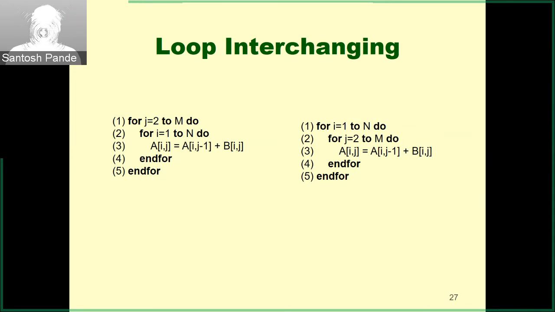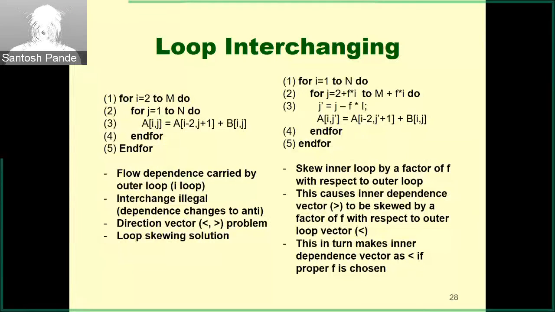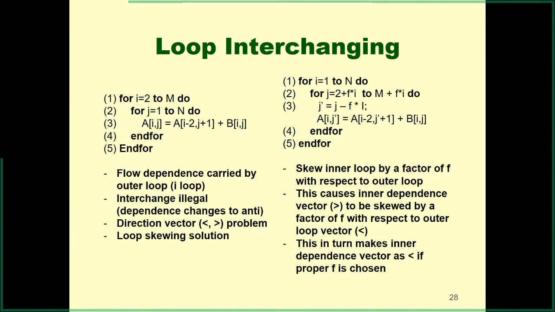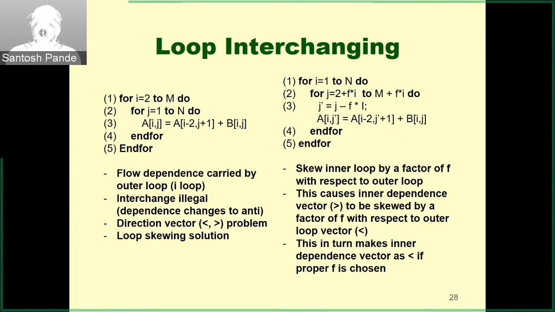The only illegal transformation is what I'm pointing out here on this screen, as shown on the left-hand side. So this corresponds to the direction vector less than greater than, and that becomes a trouble. How? As you can see here, in the left-hand side example, we have a flow dependence carried by the outer loop because of the less than enforcement.